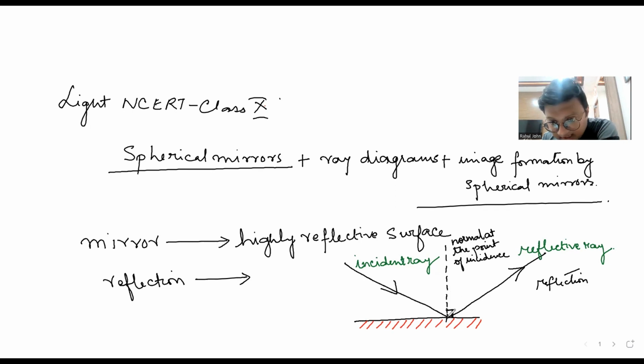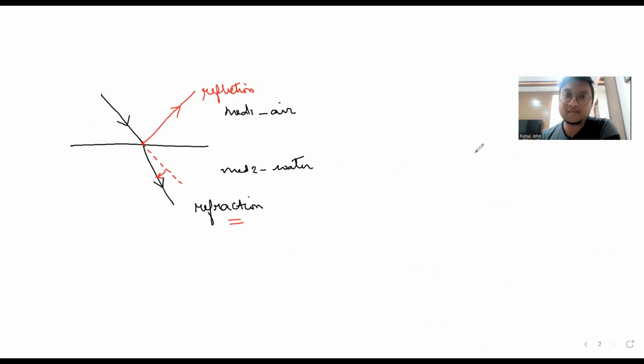And this point where the ray of light strikes the surface is called the point of incidence. I hope that we are clear, but for our better understanding, I shall be repeating it once again.